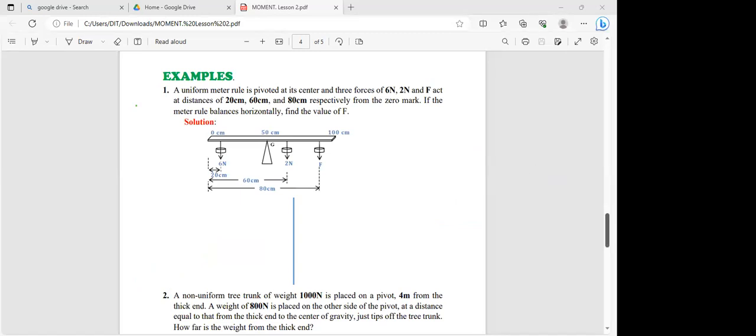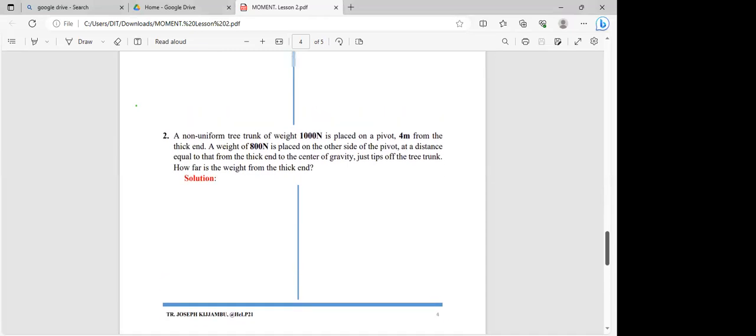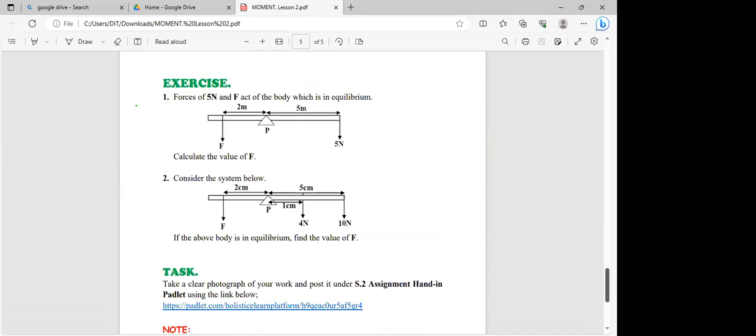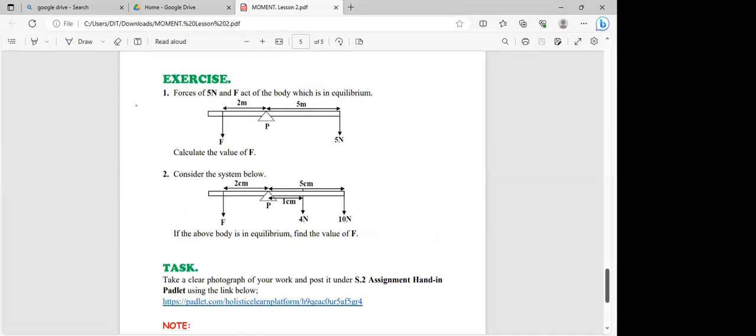And now I want you to help me, and you do for me number 2. First wait before we do number 2. Let us do these 2 questions. Question 1 and question 2, they all want us to find the value of F. So you please try them out.